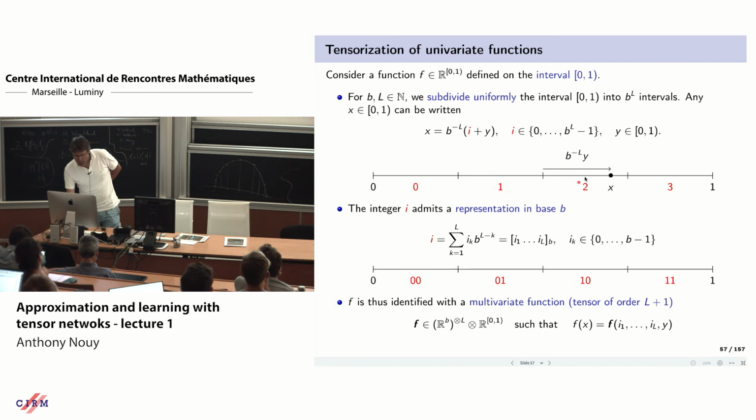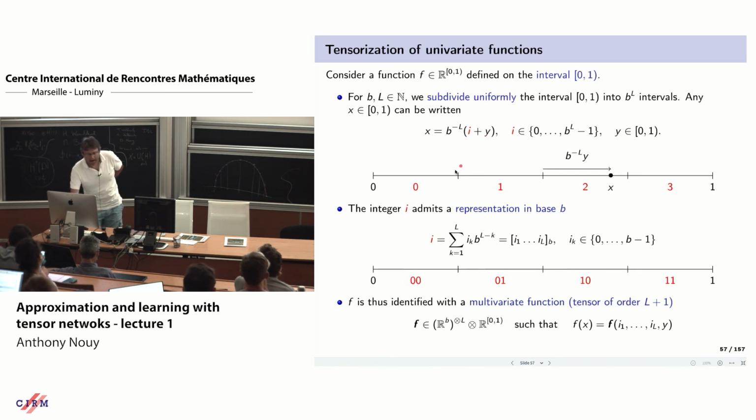And each point x in your interval can be represented uniquely like this: b to the minus L, which is the size of an interval, times an integer I between 0 and b to the power L minus 1, plus a y, which is a variable between 0 and 1.